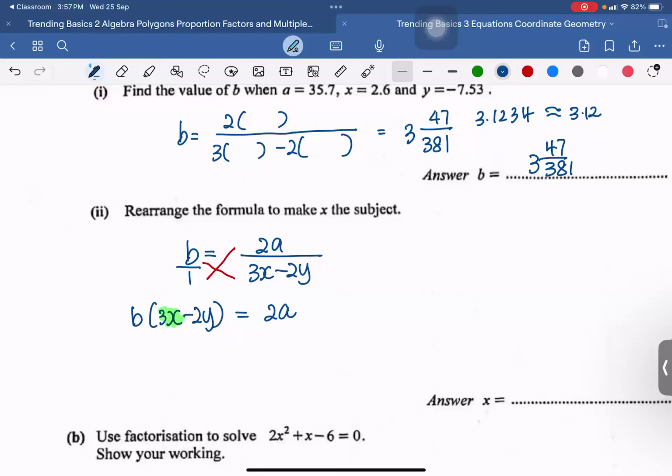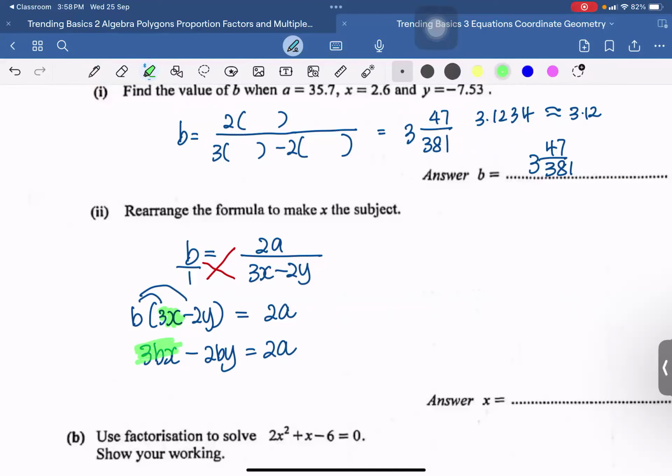Is it you need to expand first? Yes, correct. You need to expand first. So you get 3bx, 2by.